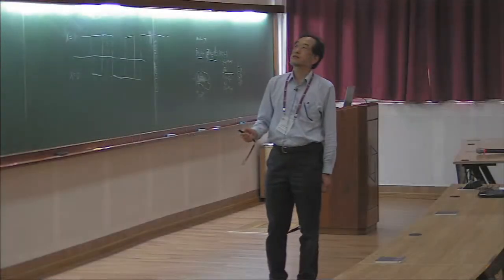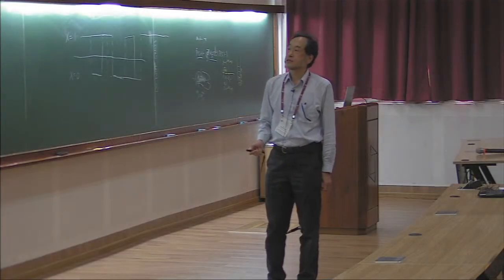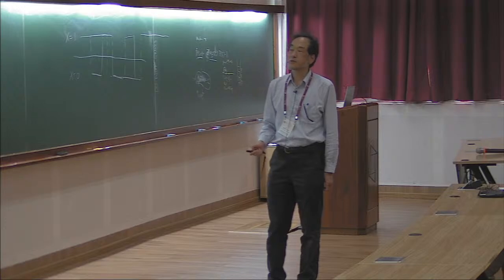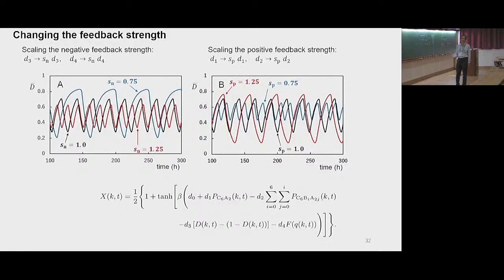And oppositely, if we keep the negative feedback coupling parameters constant and change D1 and D2 by scaling them to Sp D1 and Sp D2, and the positive feedback becomes larger, the oscillation amplitude becomes larger and the period is elongated.